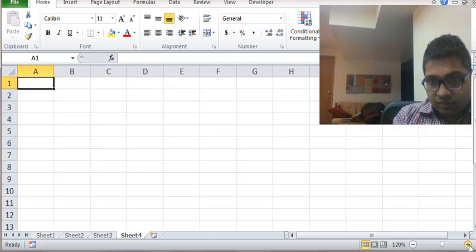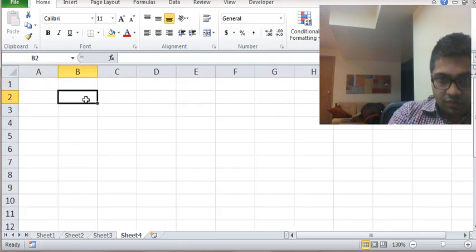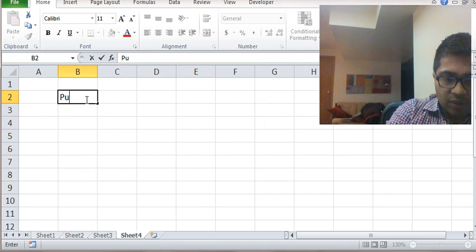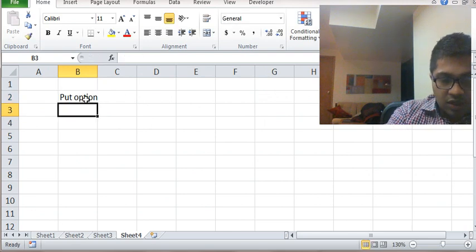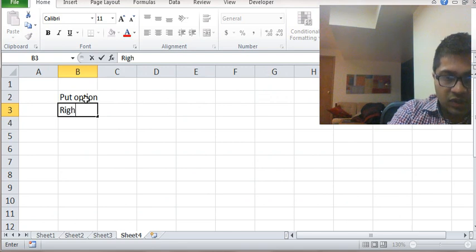Next is put option. What is put option? It is right to sell, but no obligation.